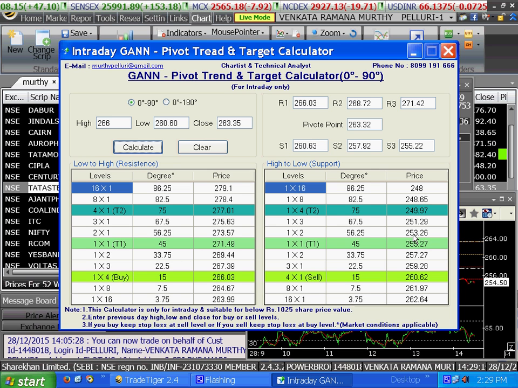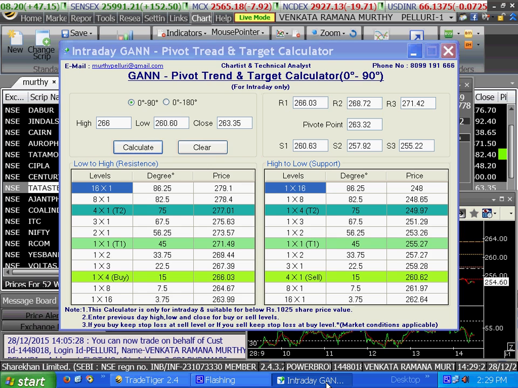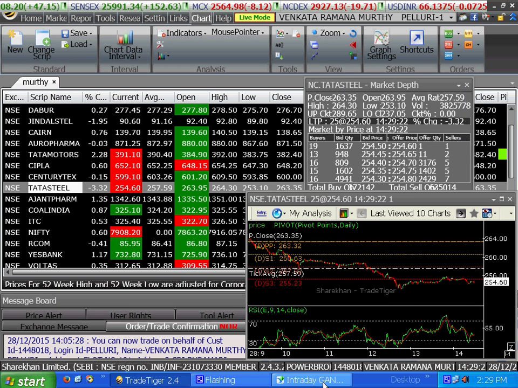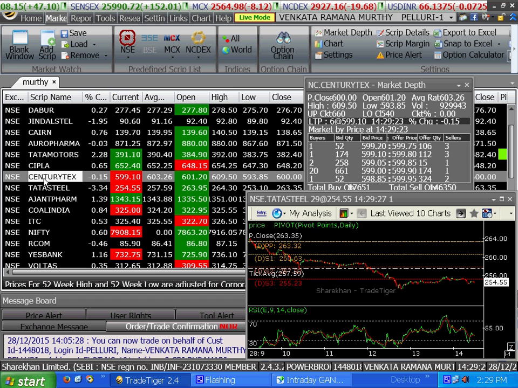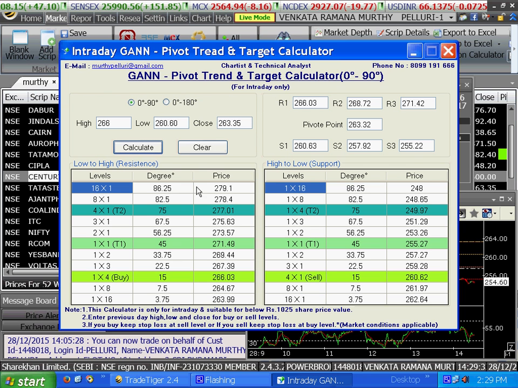Now I am taking one more example, Century Textiles. I am taking the previous day. I am clearing the Tata Steel.